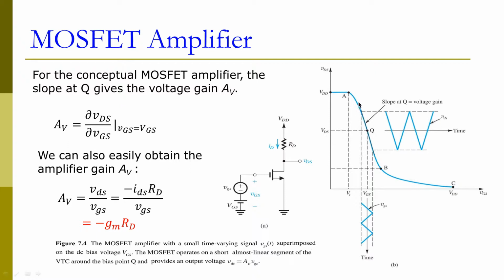If we assume this line is linear, and vGS minus vDS equals negative iD times RD, with a negative sign because the phase of the signal is inverted, then our voltage gain equals negative gm times RD. We are going to give a further analysis of this formula in future slides.